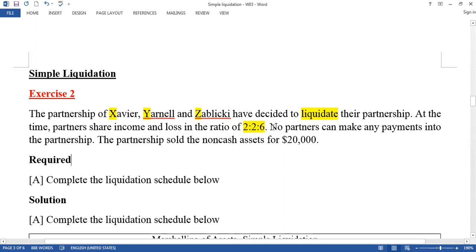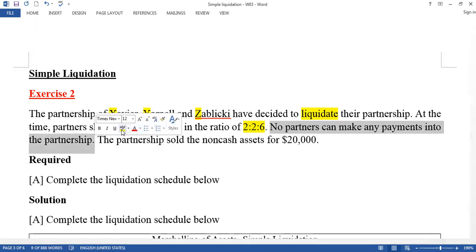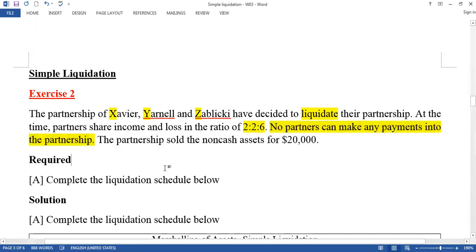No partners can make any payment into the partnership. What does it mean? You should understand. If you compare exercise 1 and exercise 2, what is your understanding about this sentence? No partners can make any payments into the partnership. What does it mean?